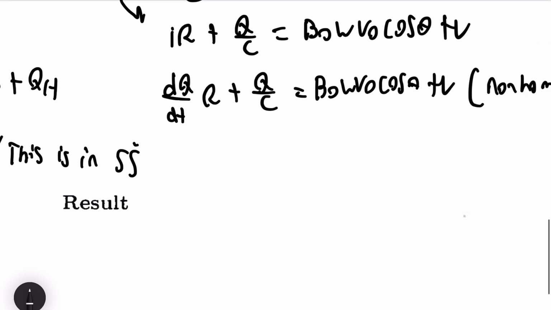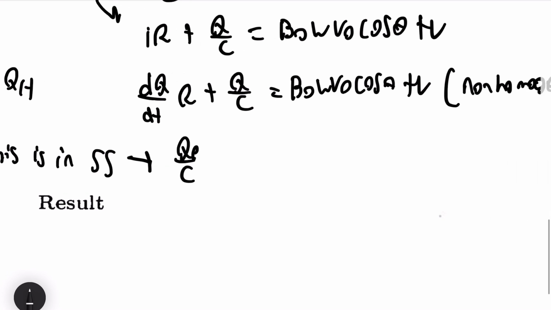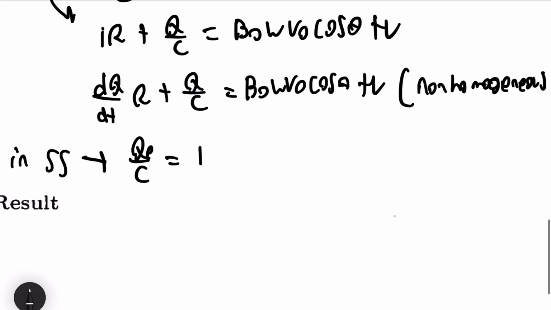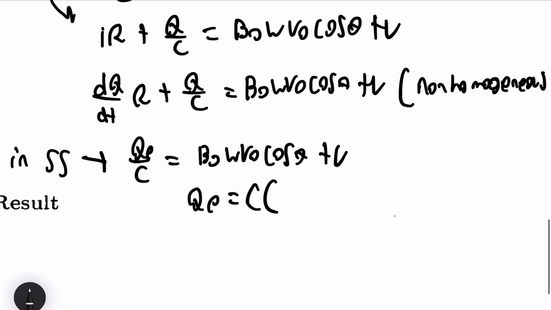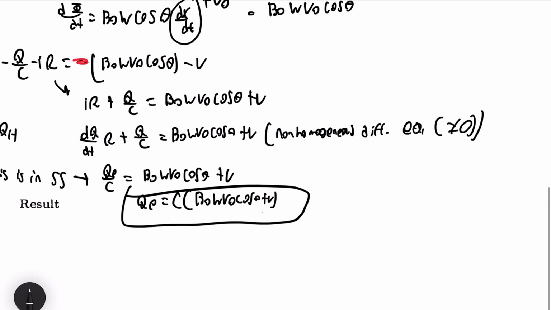So basically any rate of change with time is equal to 0. So I will have q over c, or I'll put qp in this case, I'm solving for qp, is equal to B naught w v naught cosine theta plus v, or qp is equal to c times (B naught w v naught cosine theta plus v). Pretty easy to solve for that one.